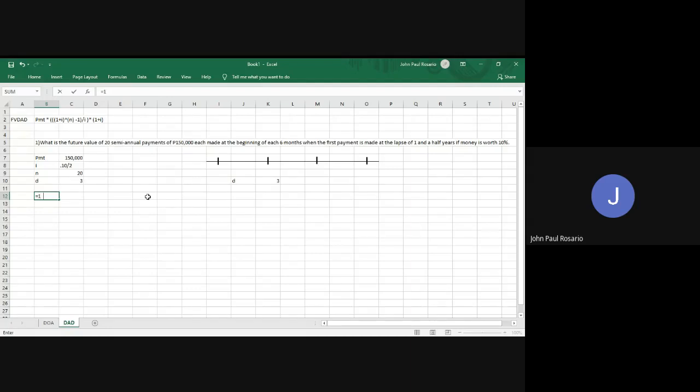So that's 150,000 times (1 plus 0.10 over 2) raised to n, which is 20, minus 1, and then over i, which is 0.10 over 2, and then multiplied by (1 plus 0.10 over 2). Okay? So try inputting this information in your calculator and see if you will get the same answer as me.